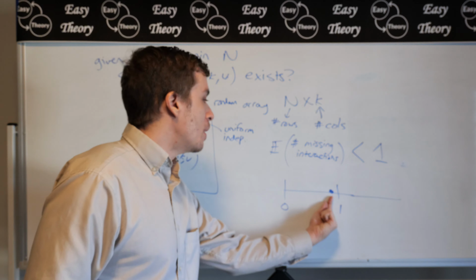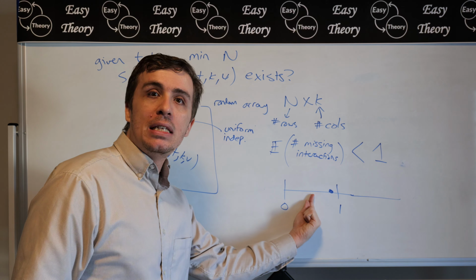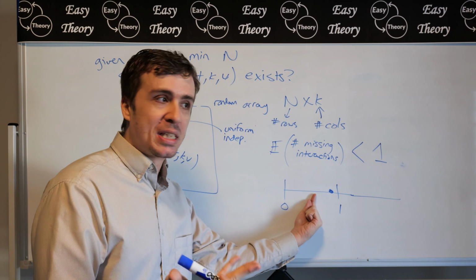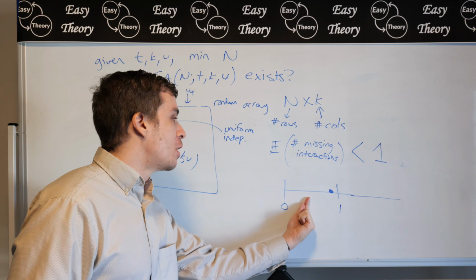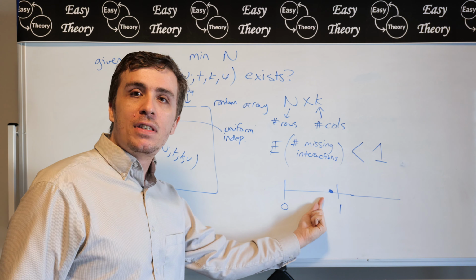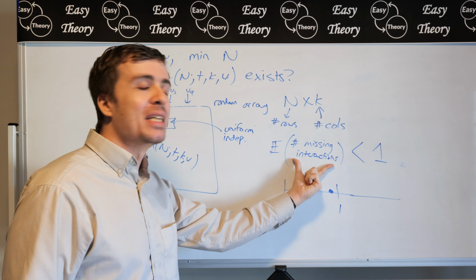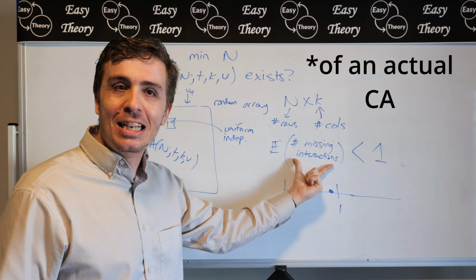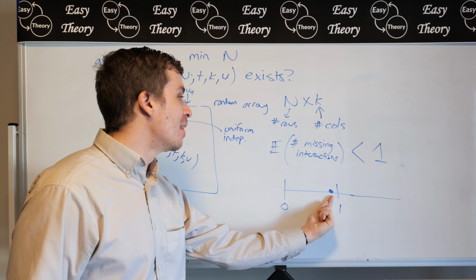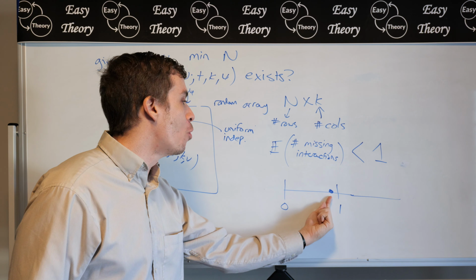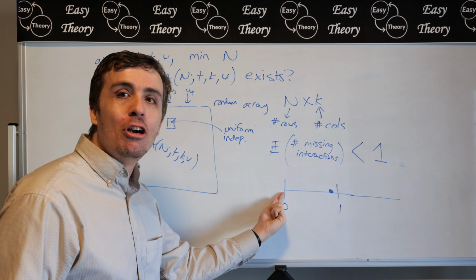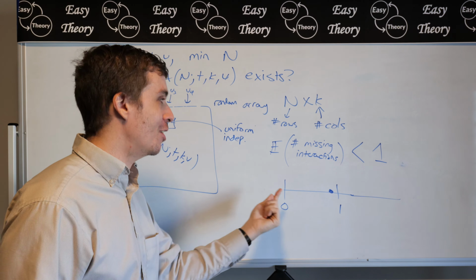Then that means that there must be something to the left of this, because the expectation is the average. And so there must be something to the left of it. If there's something to the left of this, it must be 0. Why? Because the number of missing interactions must always be an integer. And so if it's to the left of something that is strictly less than 1, then it must be 0, because there's nothing to the left of 0.